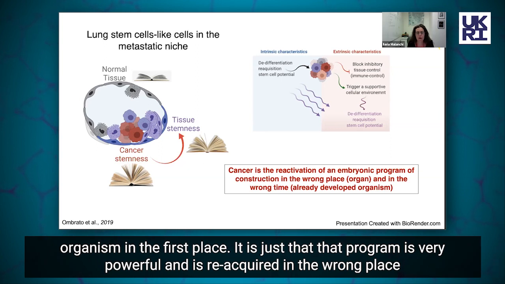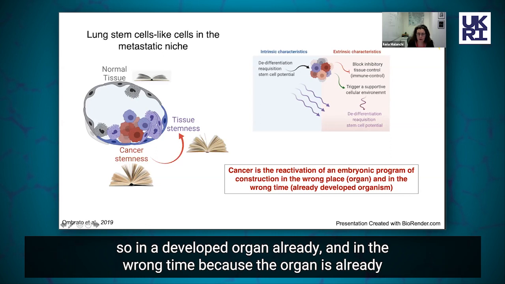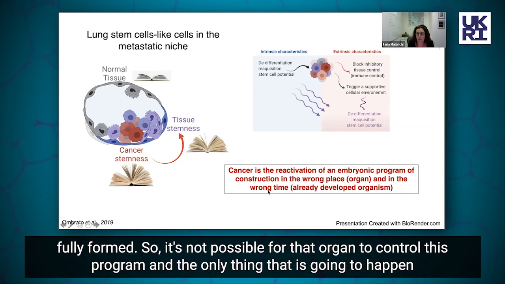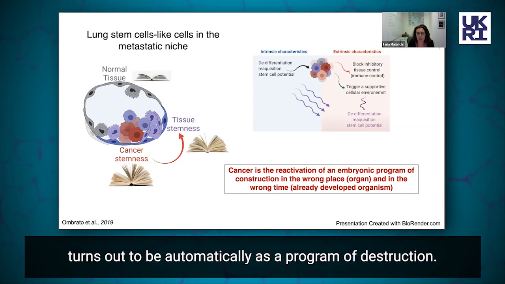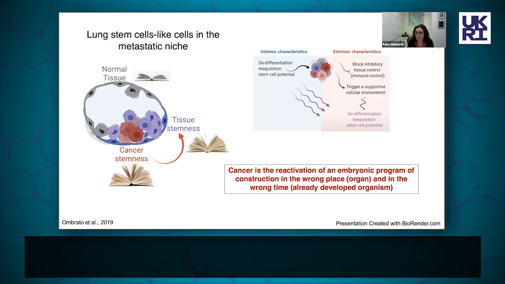It's just that that program is very powerful and is reacquired in the wrong place, in an already developed organ, and at the wrong time because the organ is already fully formed. So it's not possible for that organ to control this program, and the only thing that is going to happen is that it goes along with it and embarks on this new program of construction, which turns out to be ultimately a program of destruction.